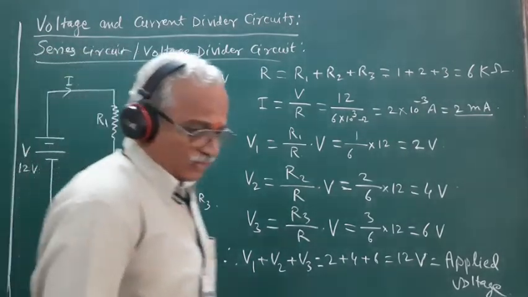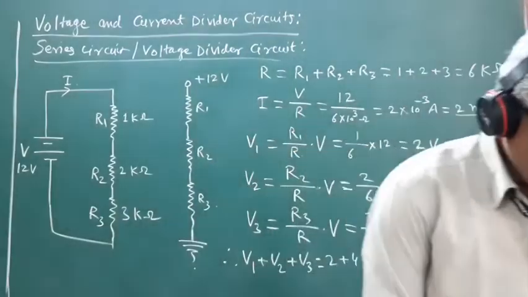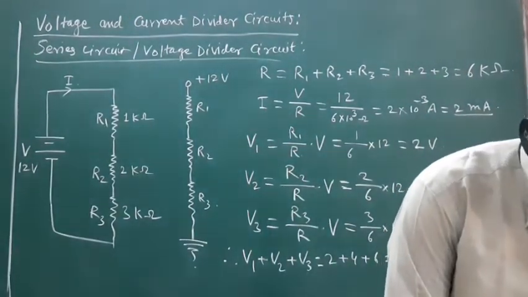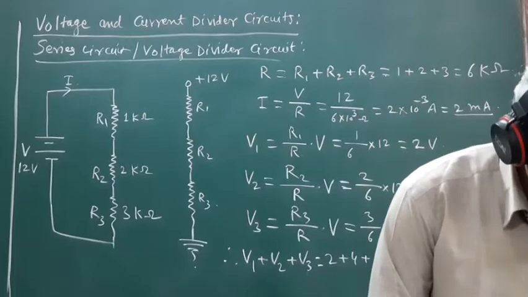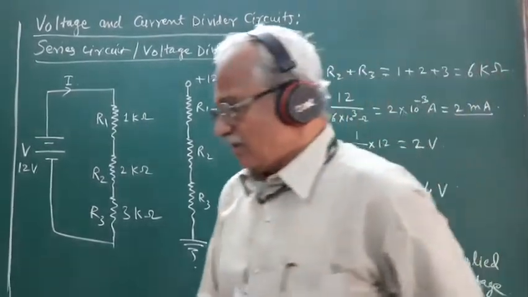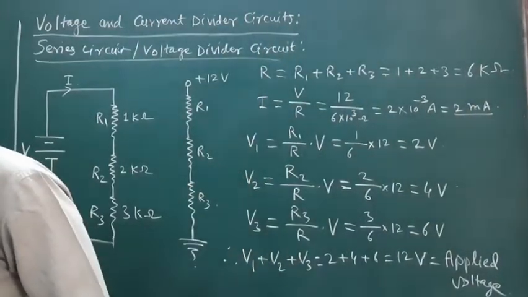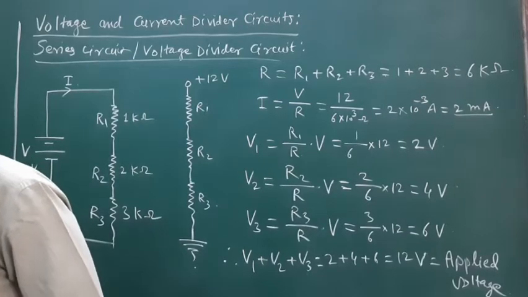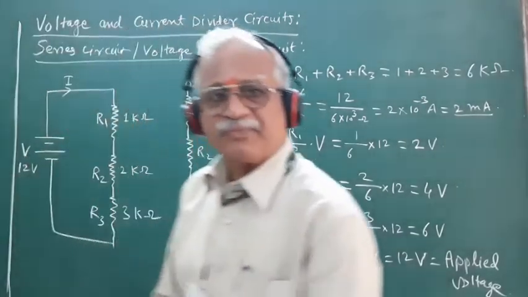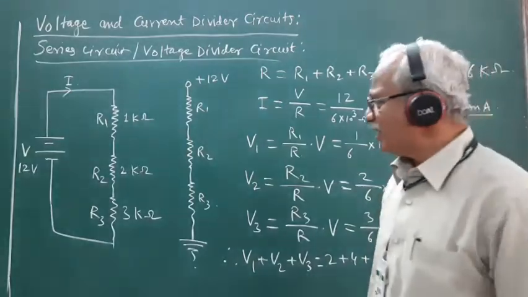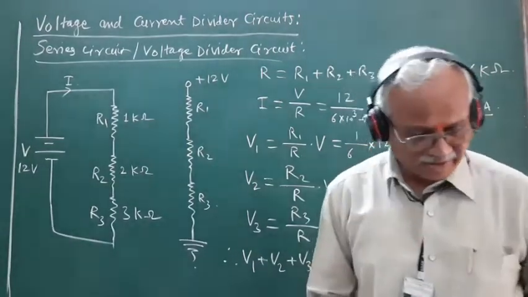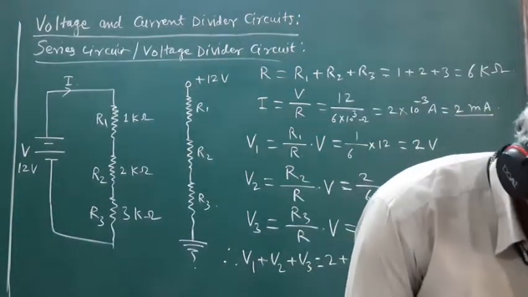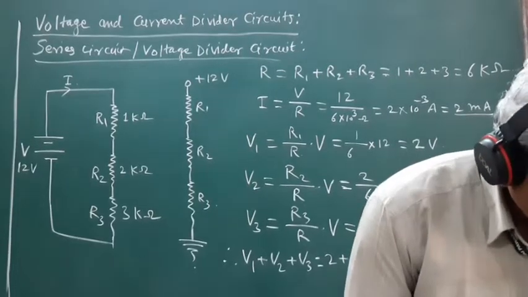So the applied voltage gets divided over all the resistors connected in the series combination, and the value of the voltage drop produced across a particular resistor depends on the value of that resistor.